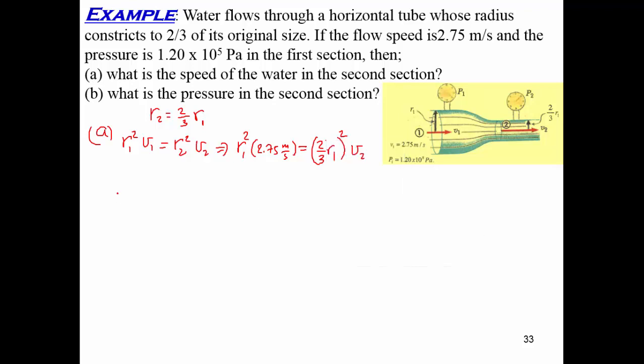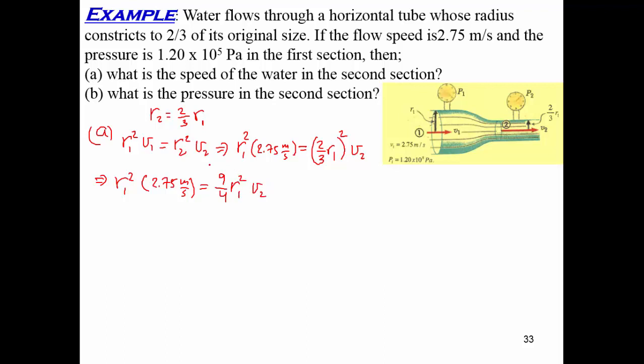Let's simplify the equation further to see that. So we have R1 squared times 2.75 meters per second equal to (2/3) squared. (2/3) squared is 4/9 times R1 squared times V2.